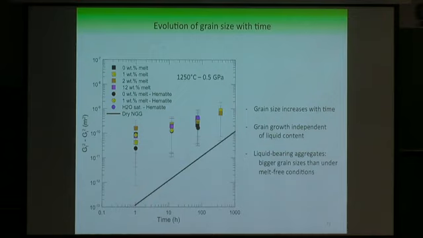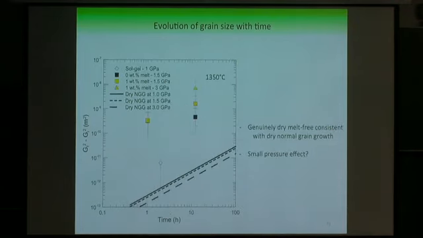I've also plotted the dry atmospheric fit that I've presented previously. That's here in black. And as you can see, the liquid-bearing aggregates present bigger grain sizes than under melt-free conditions.